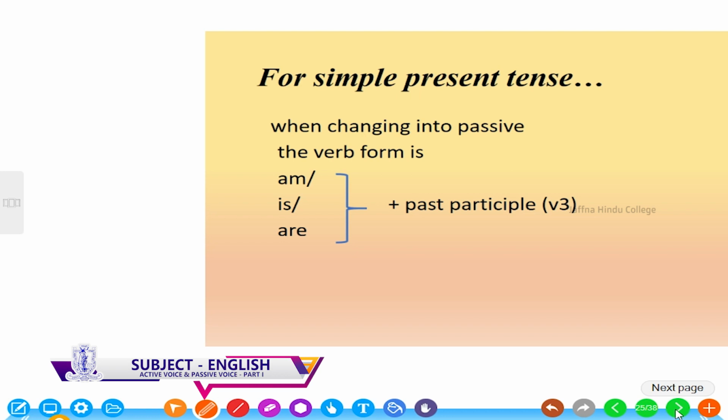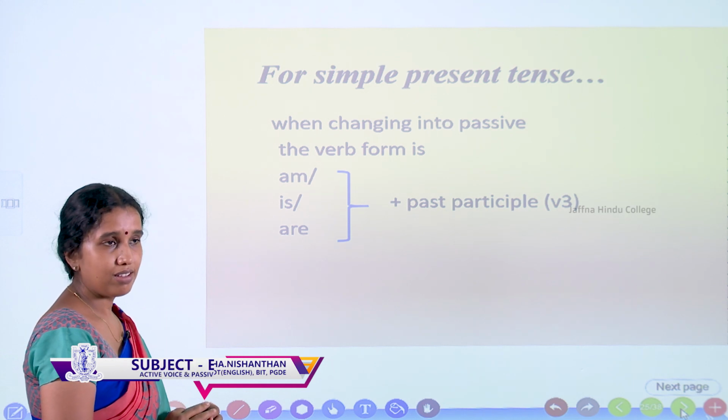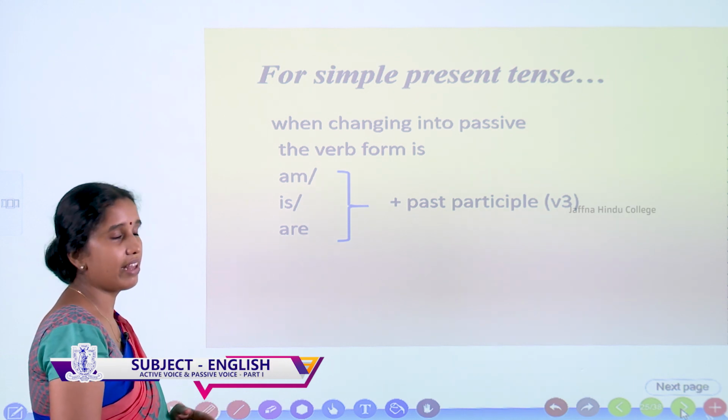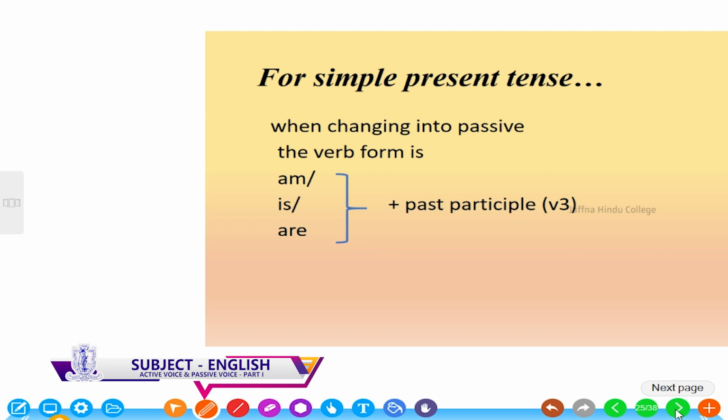In today's lesson we are going to go through only the present tenses: simple present, present continuous and present perfect. First, for simple present tense, how the active voice is changed into passive voice.